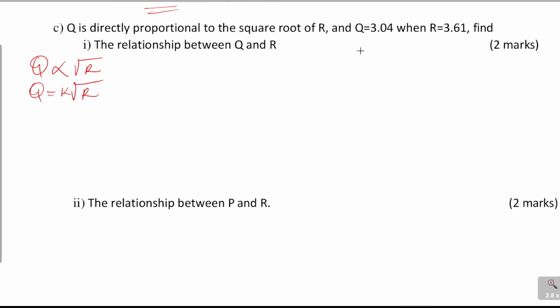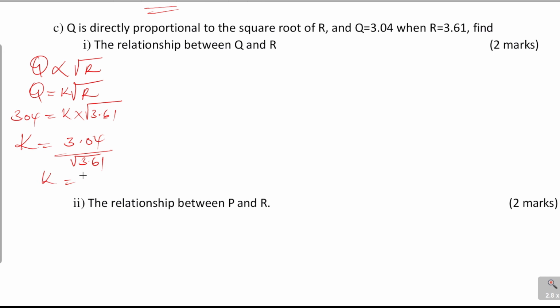Now you can equate this when Q is equals to 3.04 equals to K multiplied by the root of R. R is 3.61. Like that. So you can make K the subject. In order to get K, K will be given by 3.04 divided by the root of 3.61.